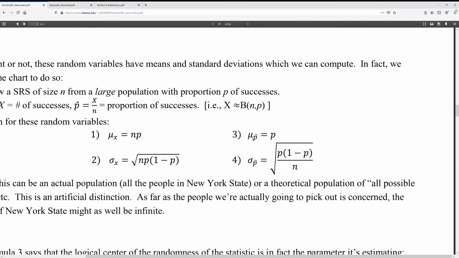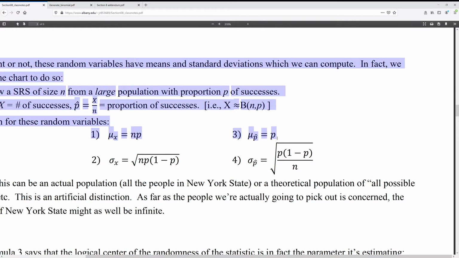The logical center of the randomness of the thing you're estimating with is the thing you're estimating. In other words, its randomness, sample to sample to sample, or what the sample is likely to be in probability terms, is bouncing around what you're aiming at.